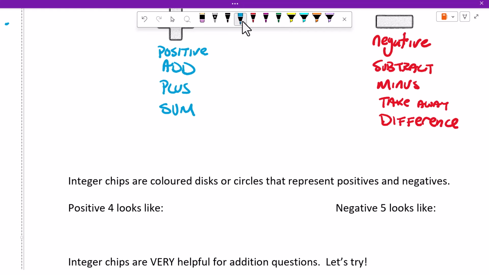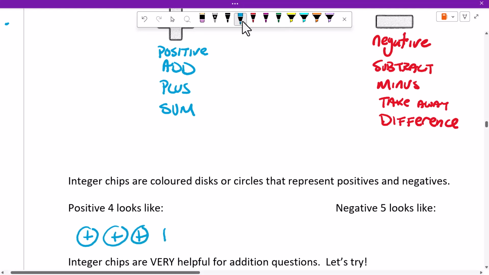If you have positive 4, it would look like this: 4 plus signs. I like the diagram method because it's very visual, which makes it really easy to do. Unfortunately, the big con is that it's slow because you're drawing these things out and it takes forever. So we use it to introduce ideas and we quickly move away. Today we're going to use them and next day we're probably going to move away from it.